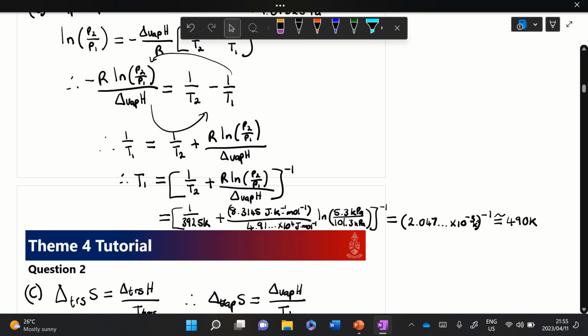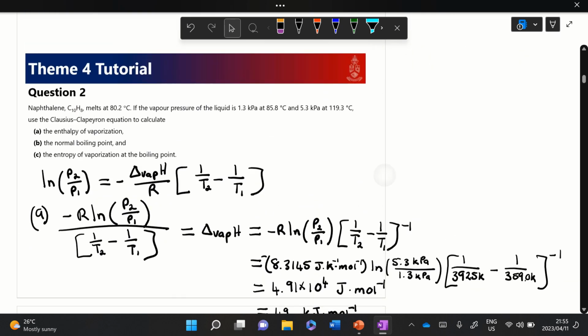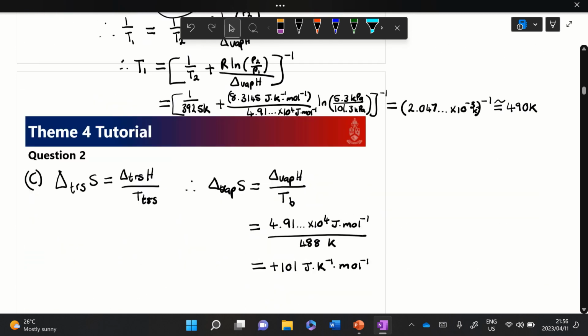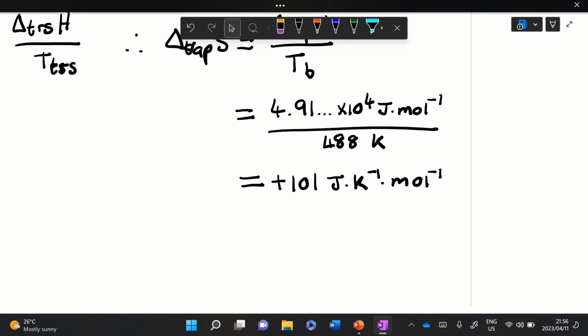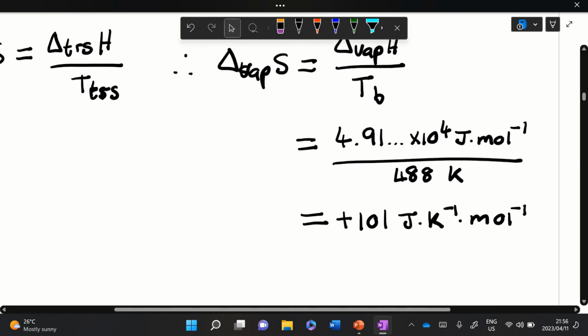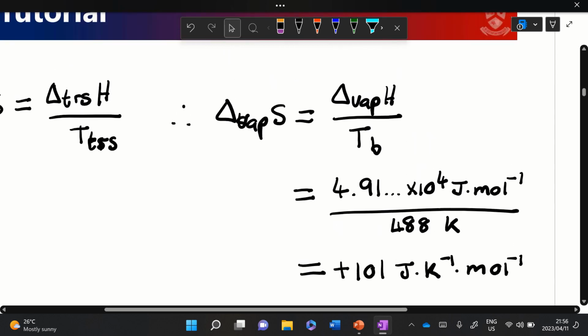Interesting that it is positive, entropy of vaporization. So in other words, not interesting that it is positive, because we're going from liquid to gas, so in other words it indicates an increase in disorder, so we expect it to be positive, so not really a shock. Quite large.